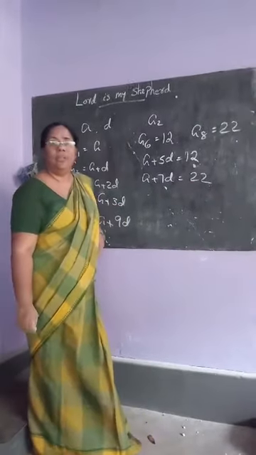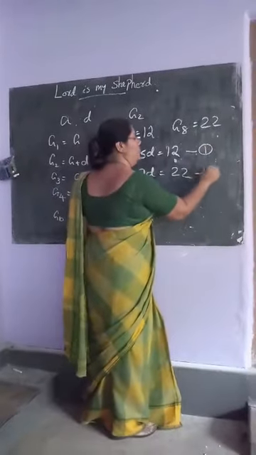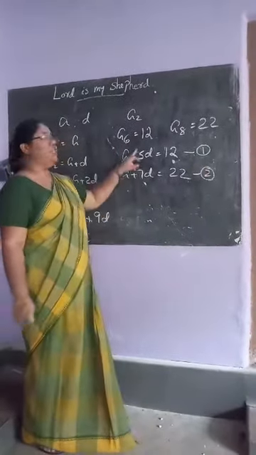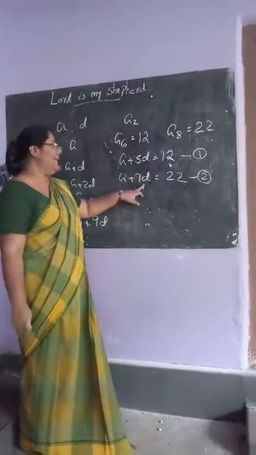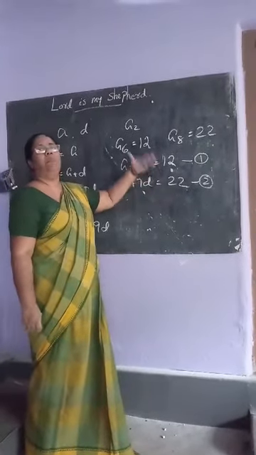Now we get two equations, equation 1 and equation 2. The second equation is larger, so you can subtract second minus first.